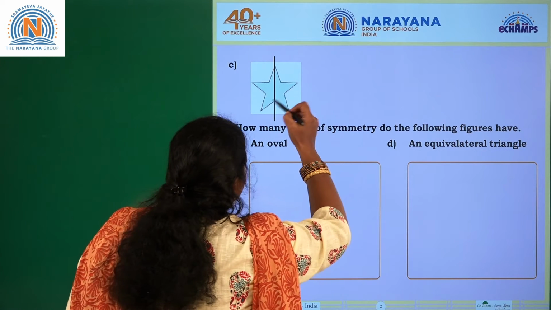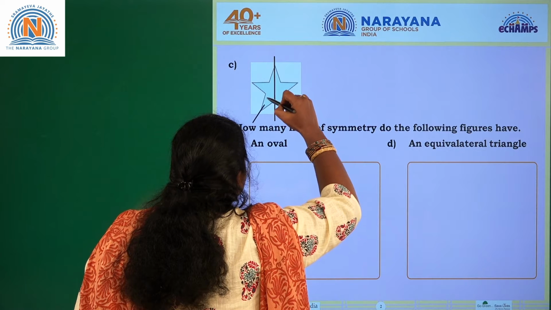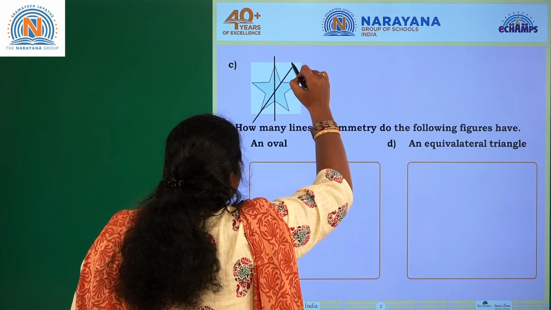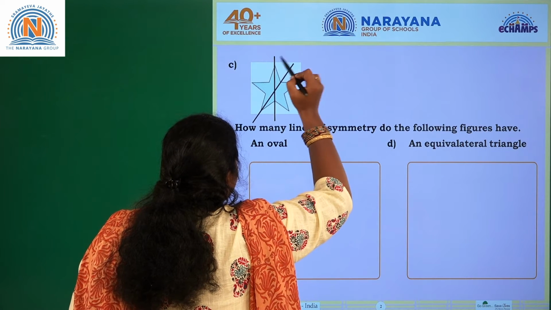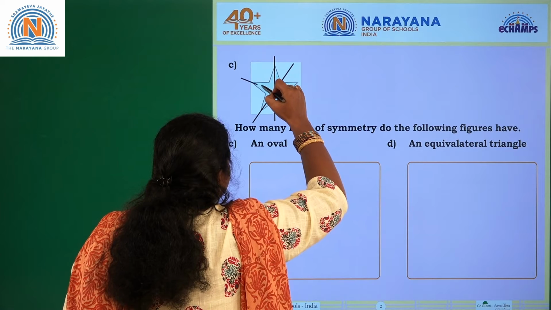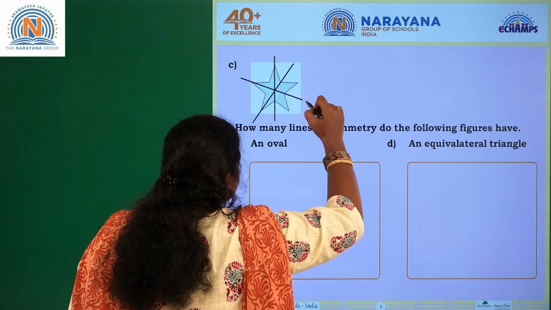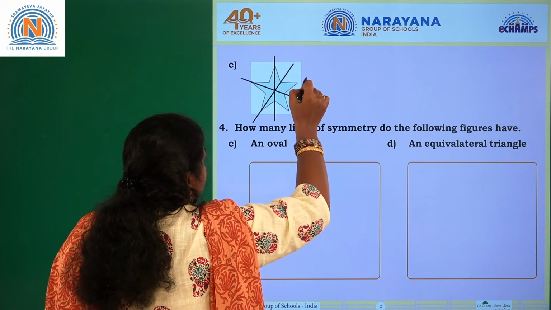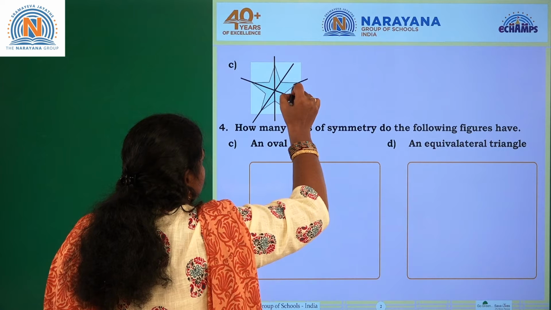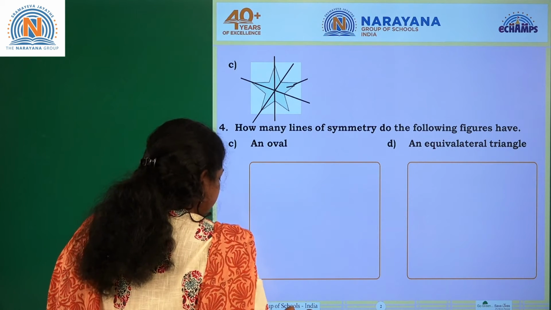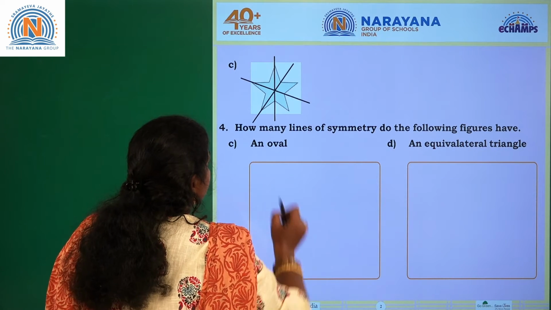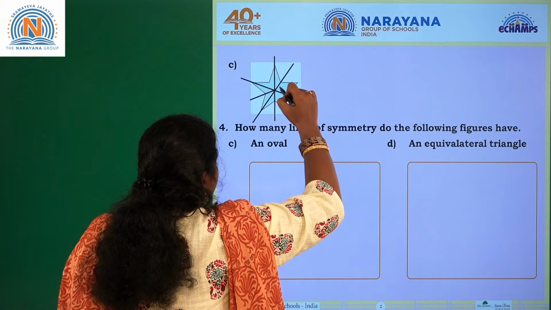Yes, here I can, and one more I can draw like this, and another I can draw from this corner, and also one more from this corner.